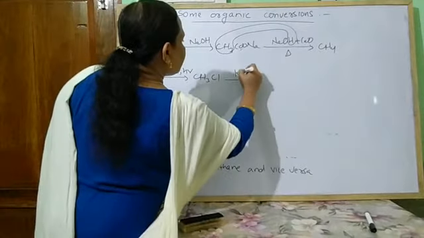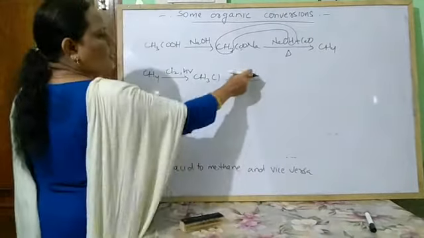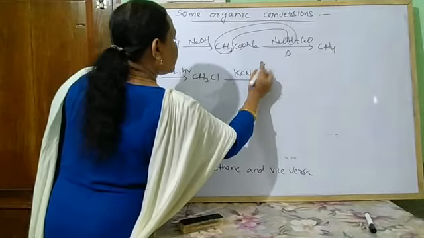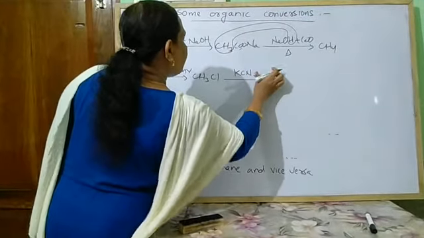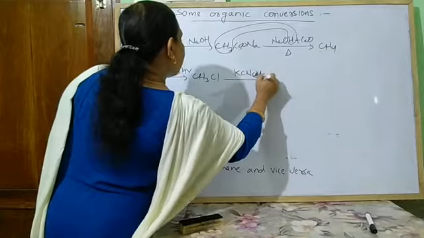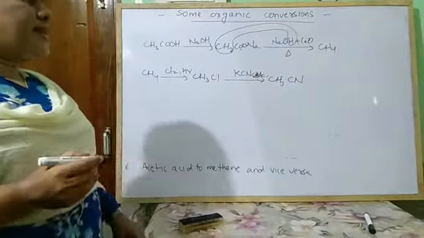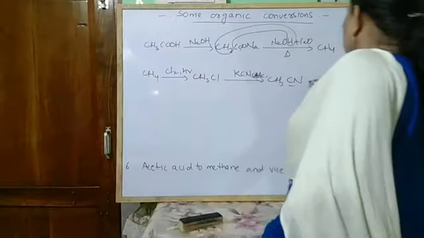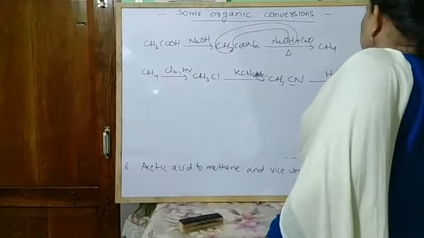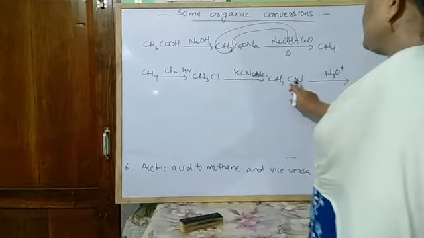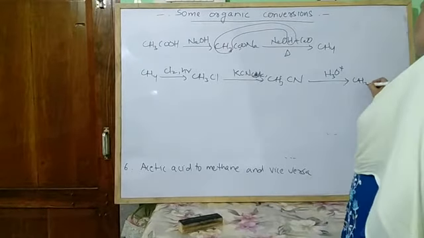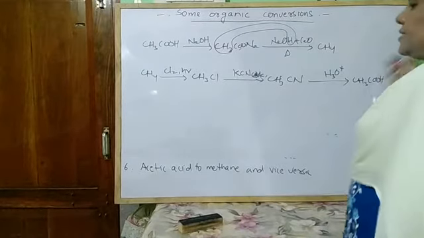Then simple nitrilation, with alcoholic cyanide generally, gives CH3CN, and this cyanide again undergoes hydrolysis in the presence of dilute acid to give acetic acid.